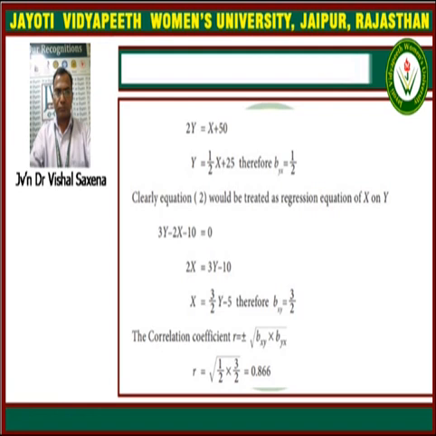That means either all three are positive or all three are negative. Because here byx and bxy are 1 by 2 and 3 by 2, which are positive, therefore r is also taken as positive, 0.866.